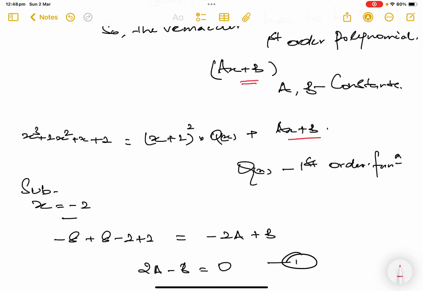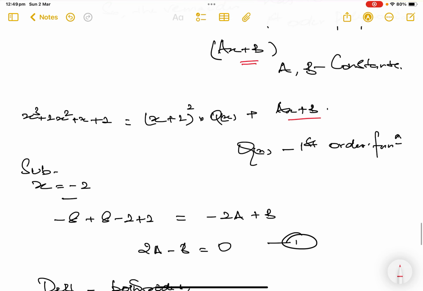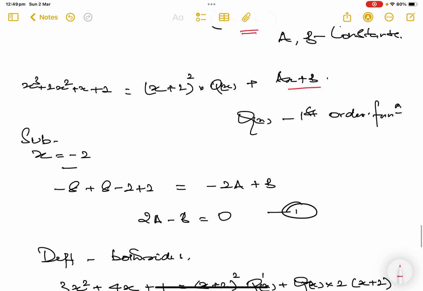Because x plus 2 squared is second order, q(x) must be first order, a function of x, definitely, because of third order divided by second order. And the remainder is first order, ax plus b. We have to find a and b.